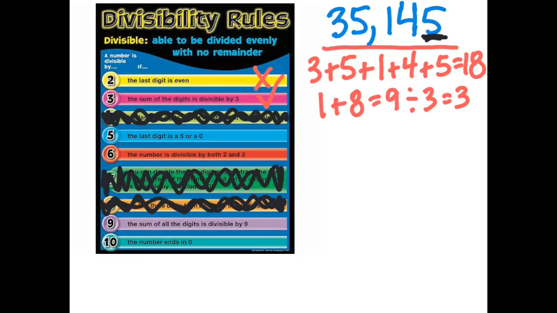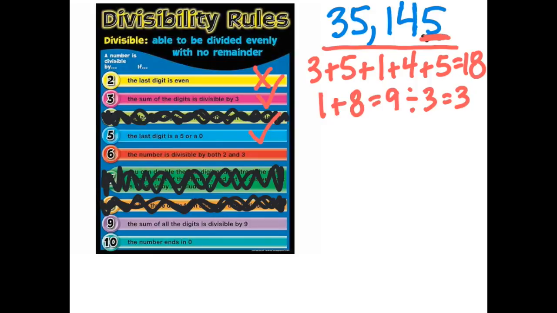So let's look at the number 5. A number is divisible by 5 if the last digit is a 5 or a 0. And in this case, the last digit is a 5, so I know that 5 is a factor of 35,145. When I divide 35,145 by 5, it comes out evenly.